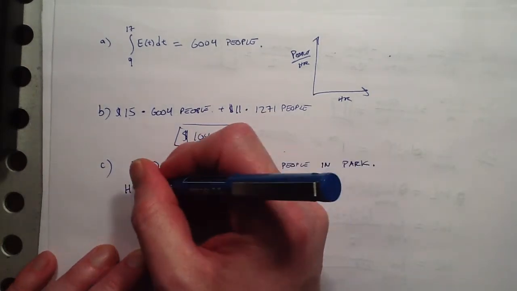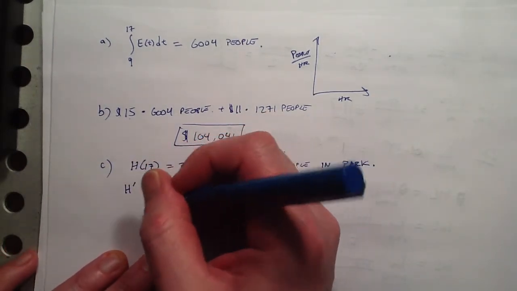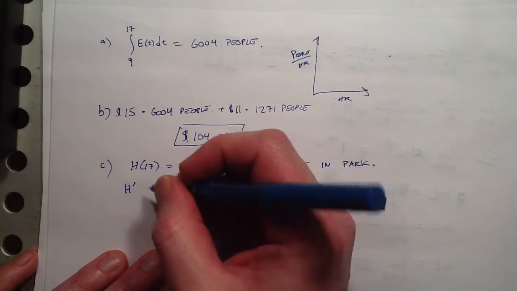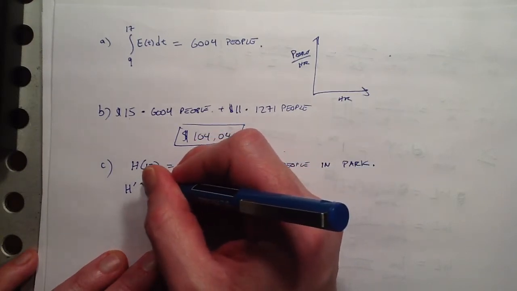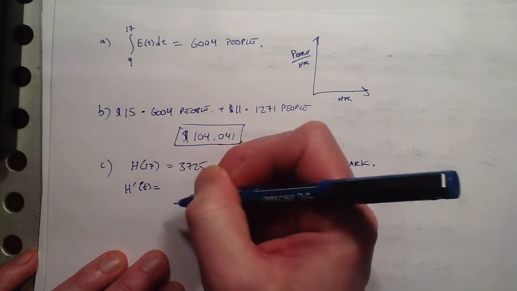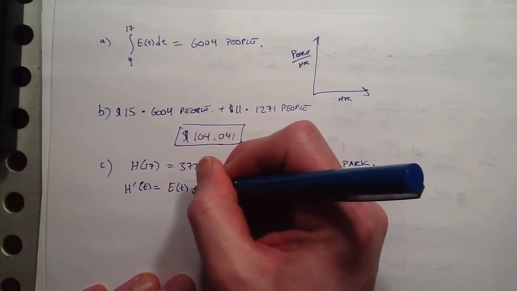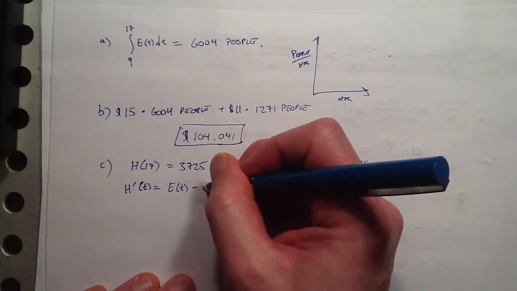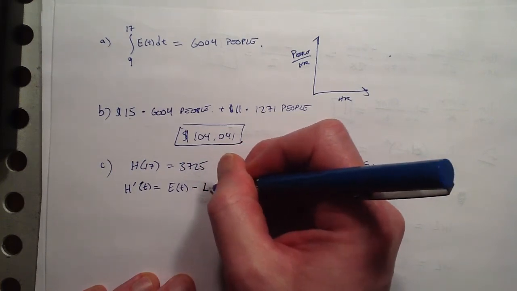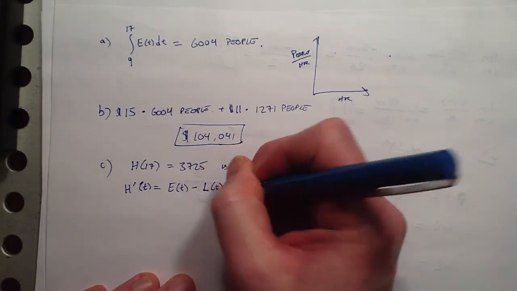Now, h prime, let's see, the derivative of the h function, the derivative of an integral, it's just, the integral goes away. It's just E of t minus L of t.